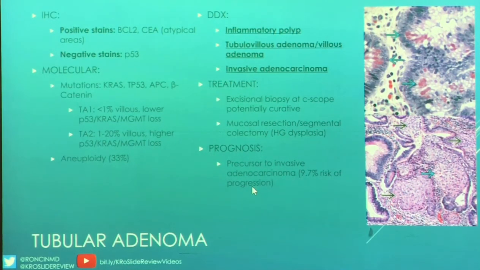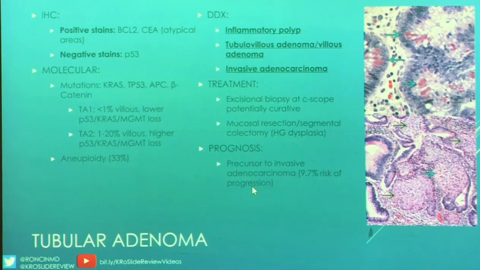And then prognosis, there's almost a 10% risk of progression to invasive adenocarcinoma with TAs. So again, saying that a patient has a tubular adenoma does change their screening to some degree, and also does portend its own risks associated with that.